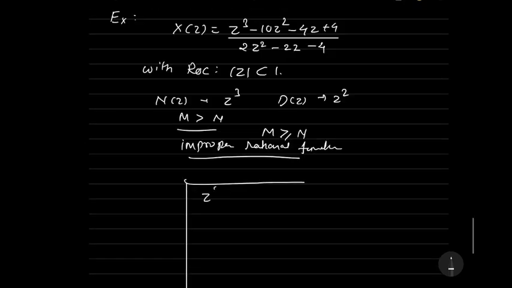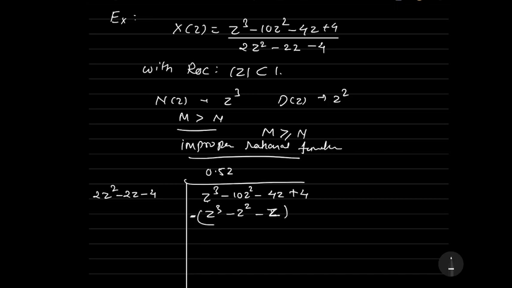Right, z³ − 10z² − 4z + 4 is divided by 2z² − 2z − 4. In order to cancel z³, multiply this denominator by 0.5z. So we get the result z³ − z² − 2z.